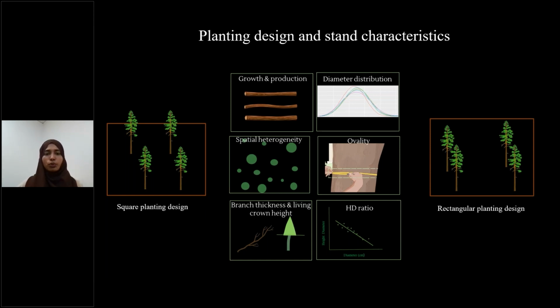And we found no difference in any of the species in different locations of Sweden. So this means that using rectangular planting design, you can choose the planting spot when you plant the seedlings.